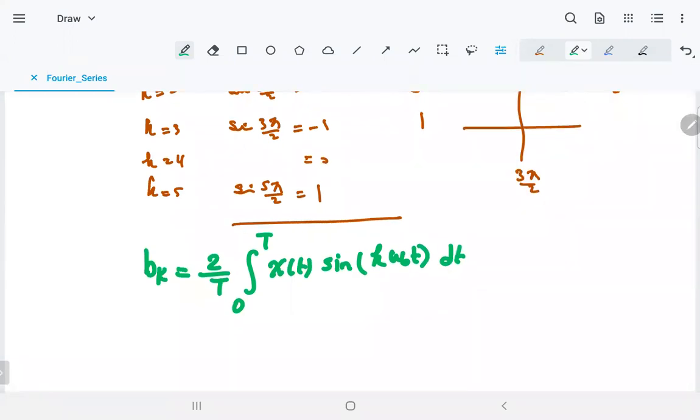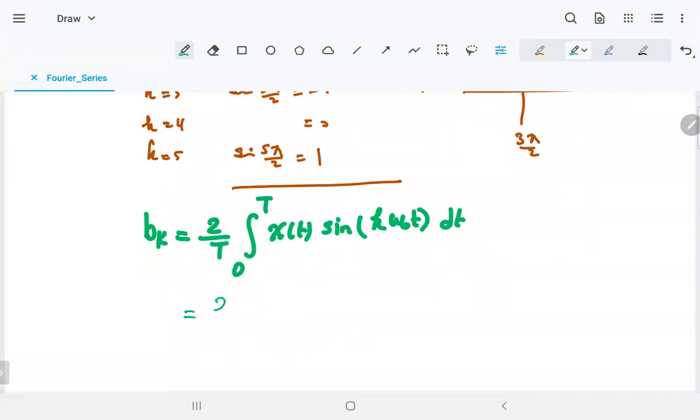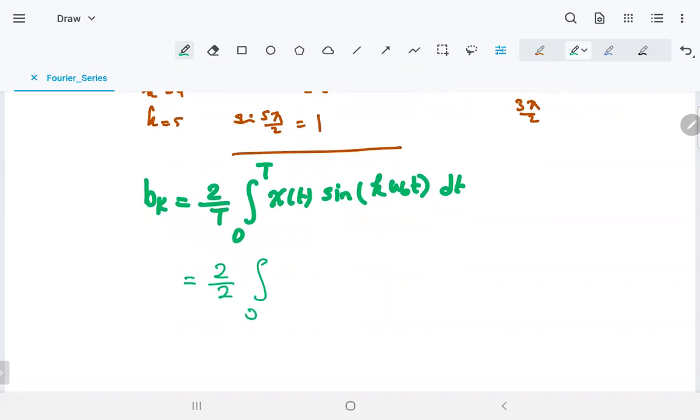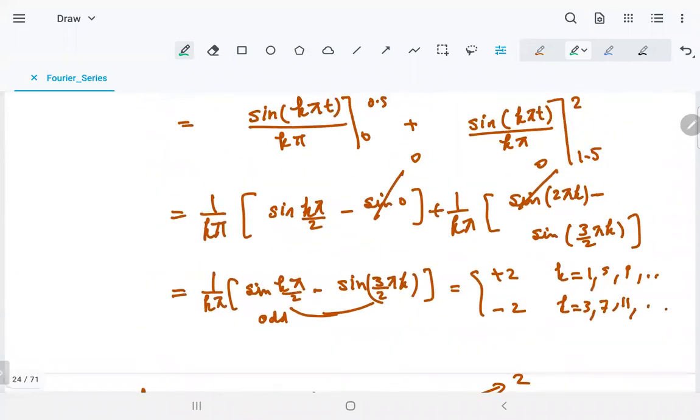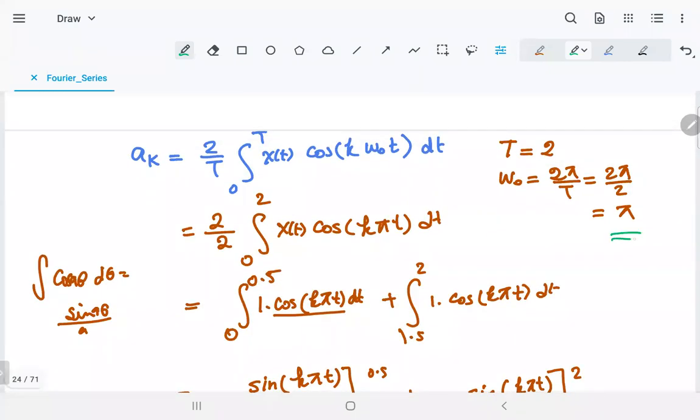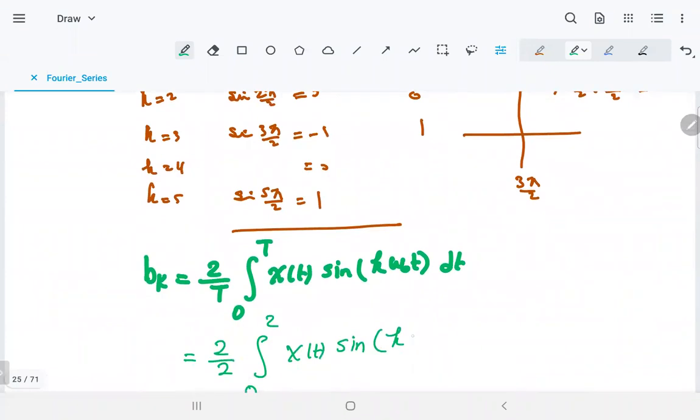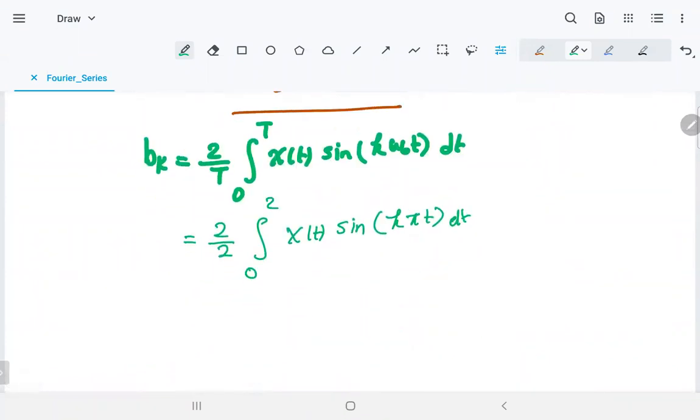All right. So let's continue. 2 over 2, from 0 to 2, x of t sine k omega naught, we found omega naught is equal to pi, right? So make sure. Yes, equal to pi, t dt. Great.